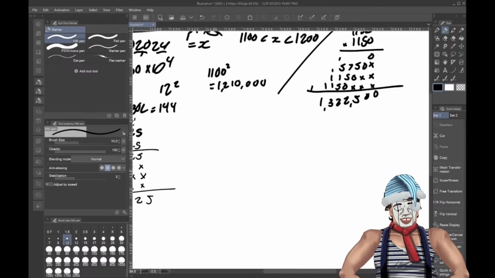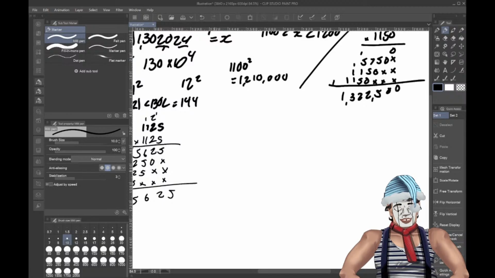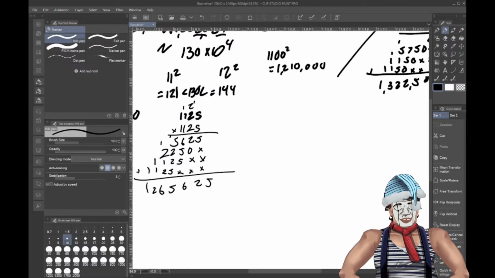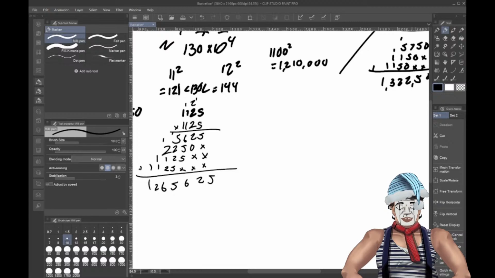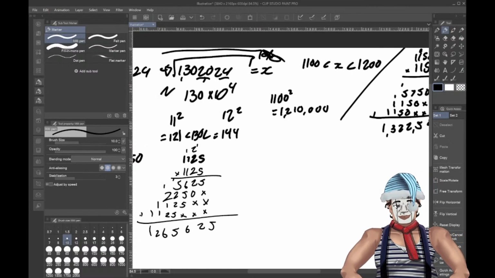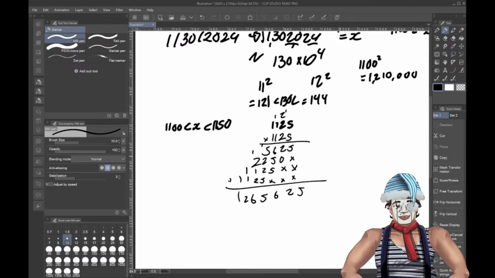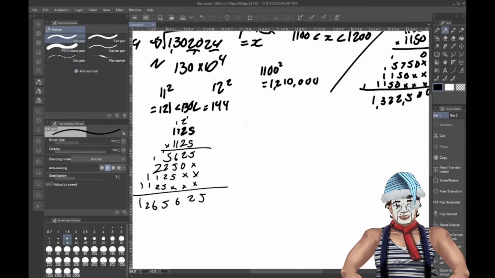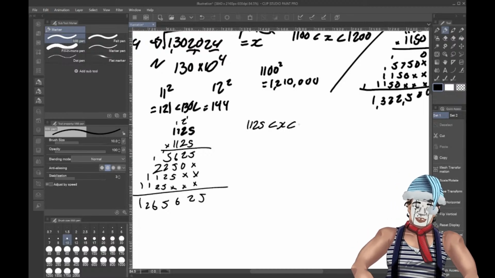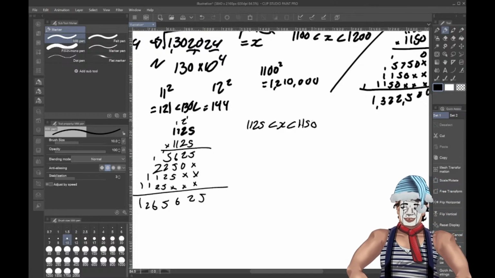I guess being approximately right is just as good as being right. However, this number is smaller than x squared, so our new range is 1,125 and 1,150. We got even closer.